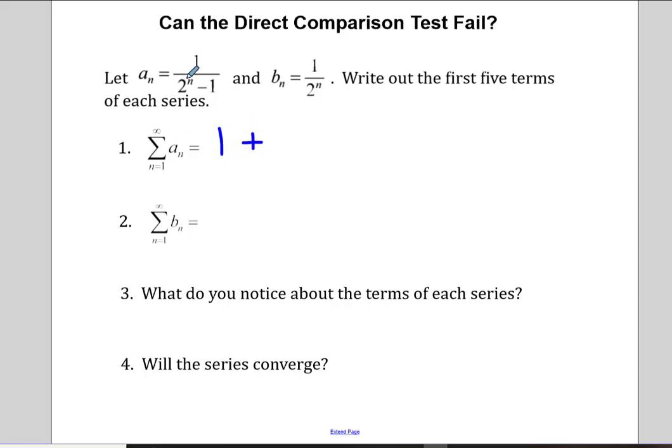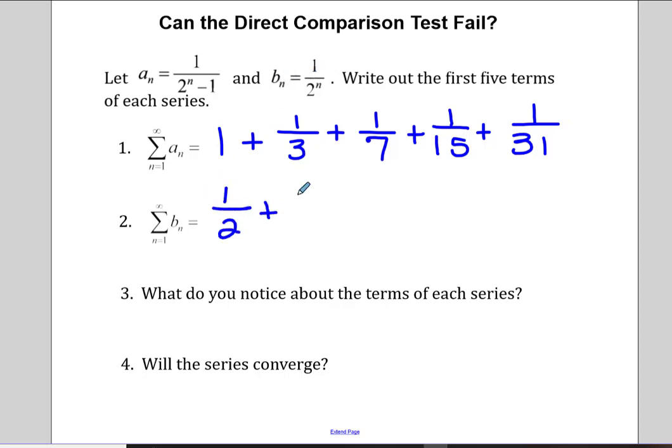And then when n is 2, that would be 1/3. When n is 3, that would be 1/7. And then 1/15 and 1/31. In the b sub n, we have 1/2, and then 1/4, and then 1/8, and then 1/16, and finally 1/32.